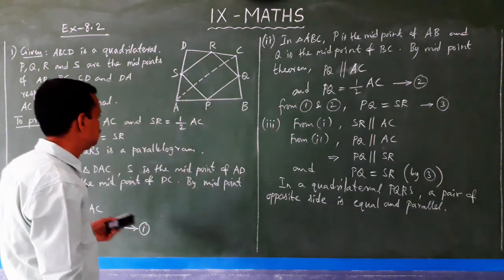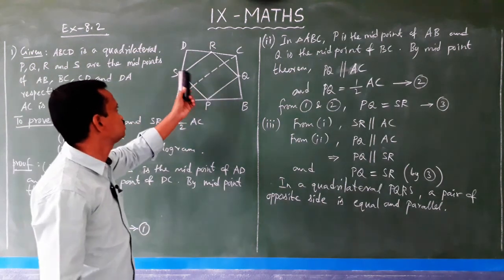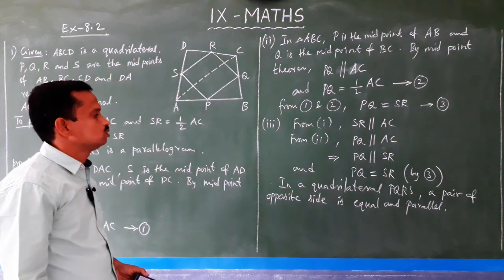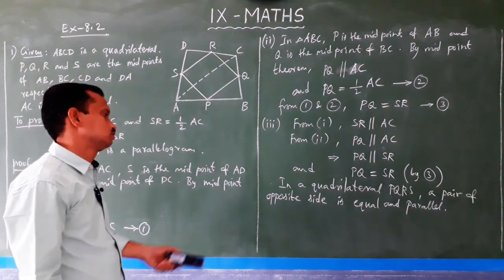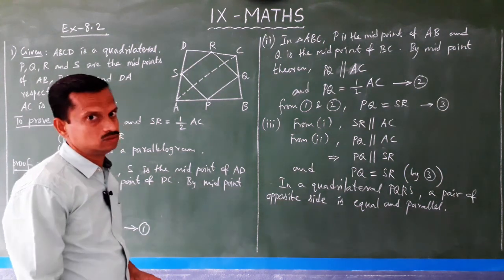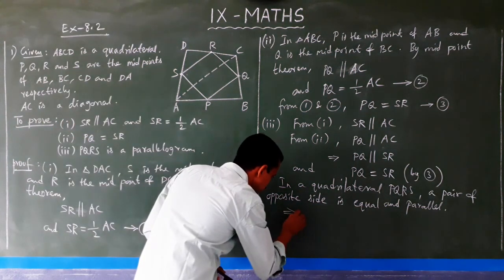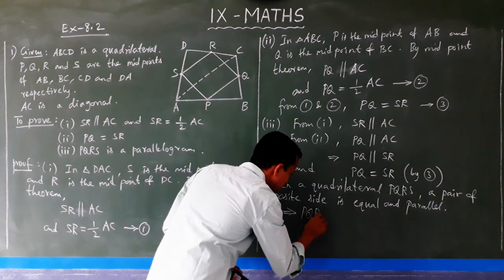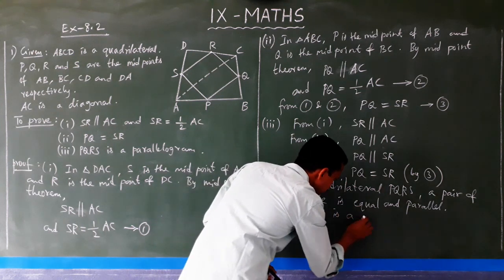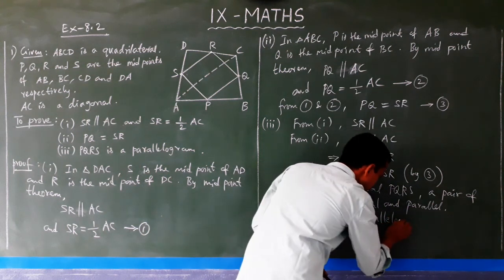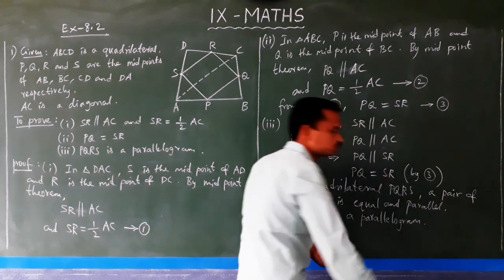In quadrilateral PQRS, we proved that PQ is parallel to SR and also PQ equal to SR. So we can say by the theorem that PQRS is a parallelogram. That's the proof.